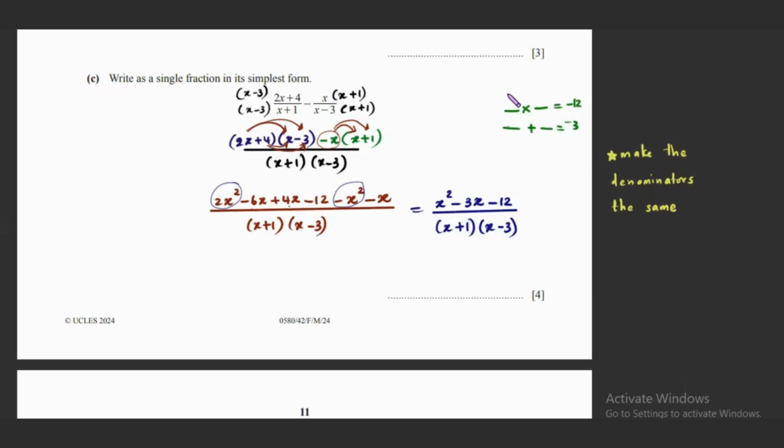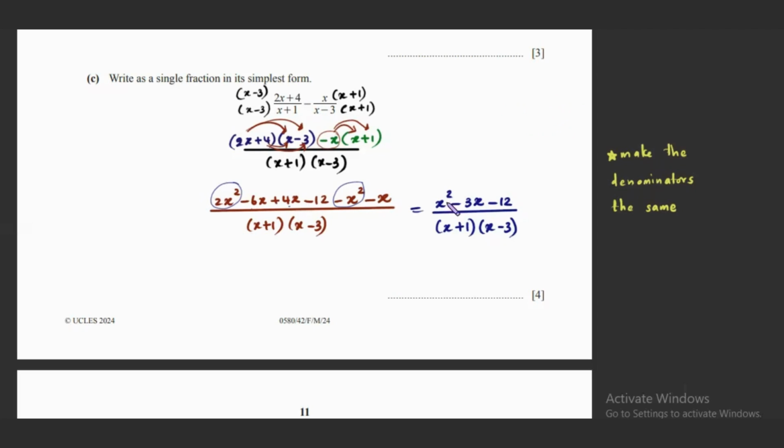None of the factor pairs of 12 will add together to give you negative 3. This is how I know that this numerator, which is x squared minus 3x minus 12, cannot be factorized further, which means this is going to be our final answer.